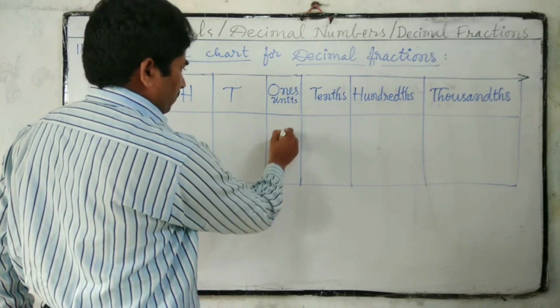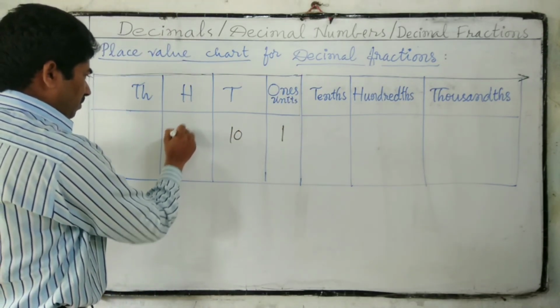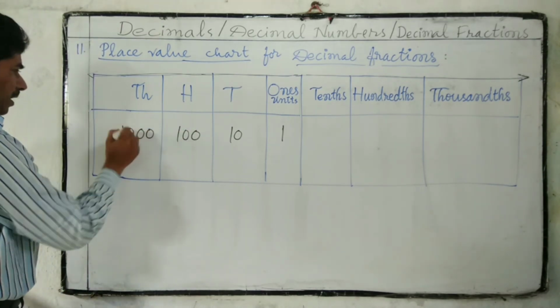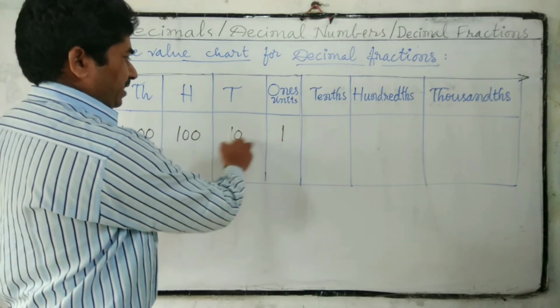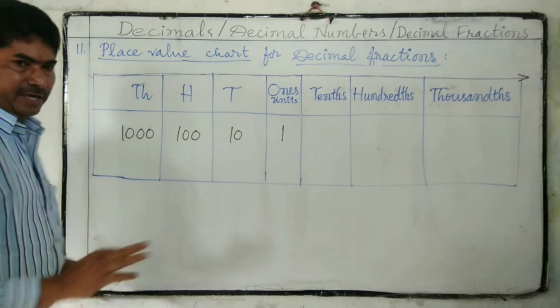Here ones, tens, 100, 1000 and 10,000, like this increases. 1 ten is 10, 10 tens are 100, 10 hundreds are 1000, 10 thousands are 10,000, like this increases.